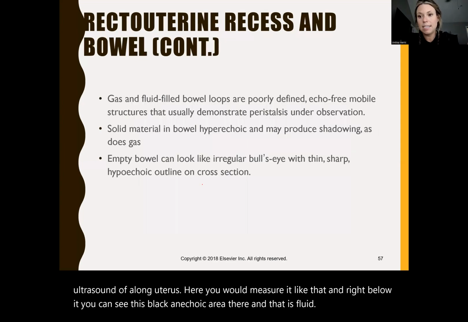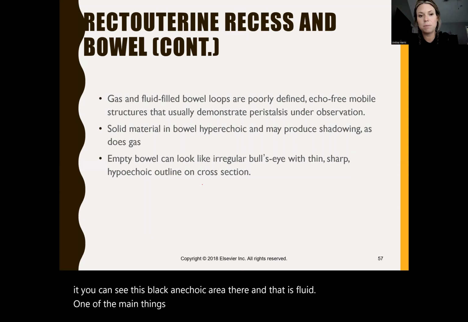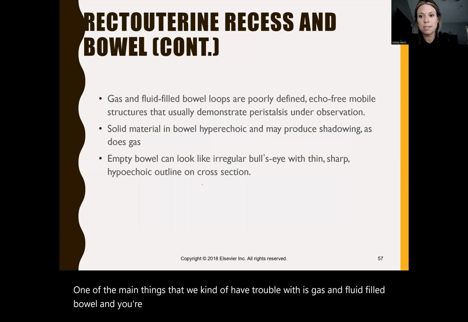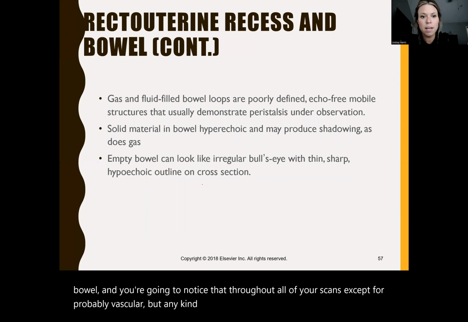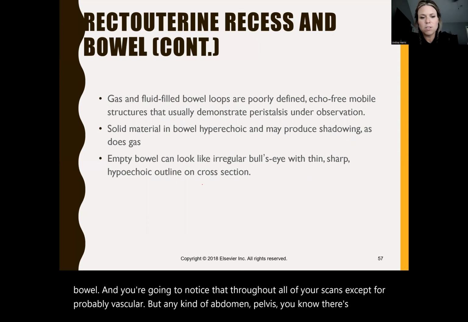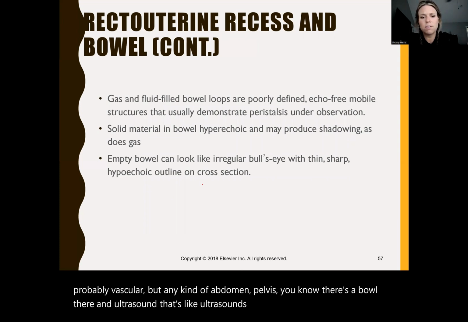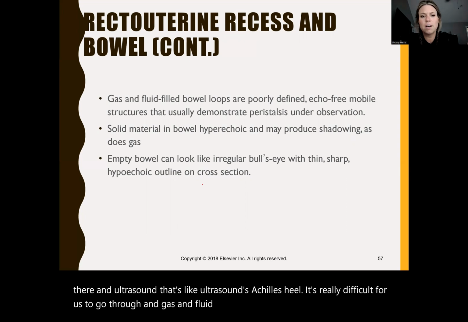One of the main things that we have trouble with is gas and fluid-filled bowel, and you're going to notice that throughout all of your scans, except for probably vascular, but any kind of abdomen or pelvis, there's bowel there. That's ultrasound's Achilles heel. It's really difficult for us to go through gas and fluid-filled bowel. We just cannot see through bowel.